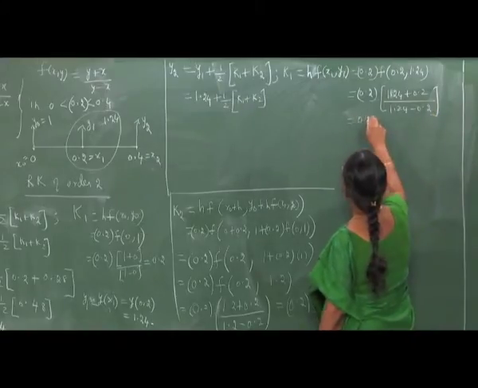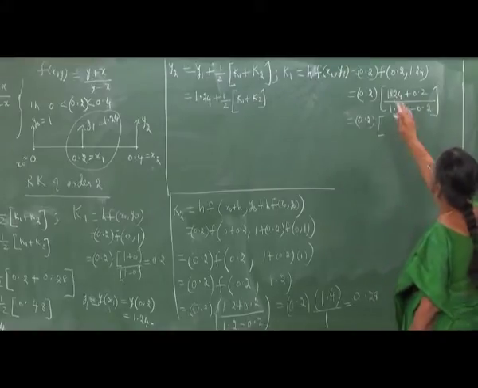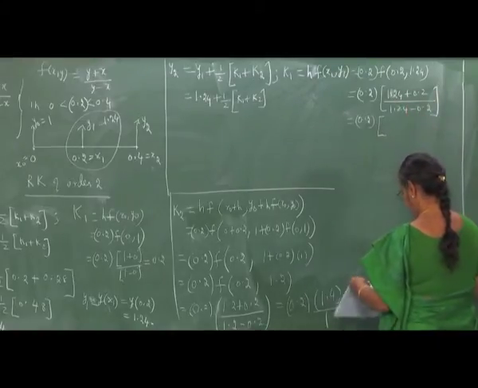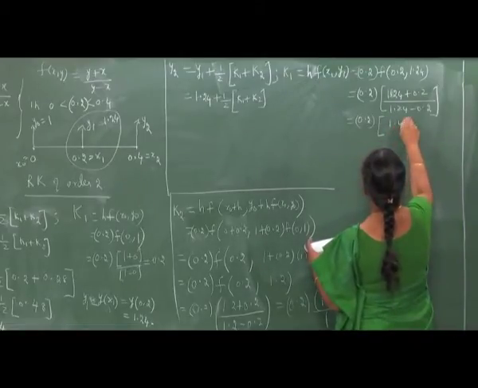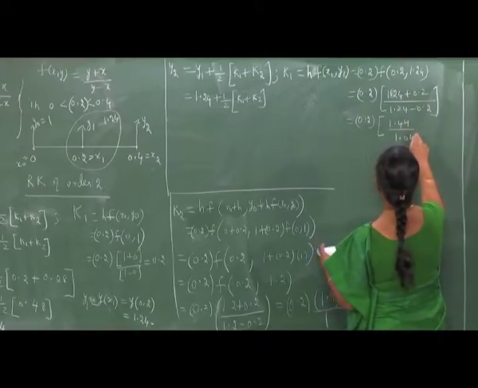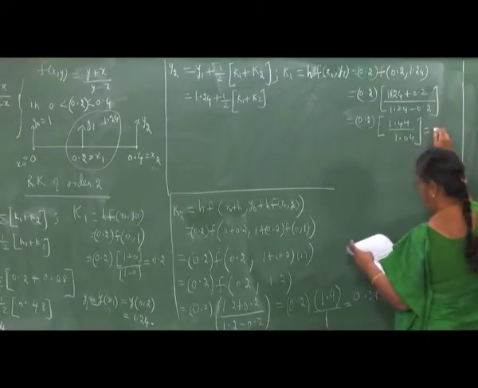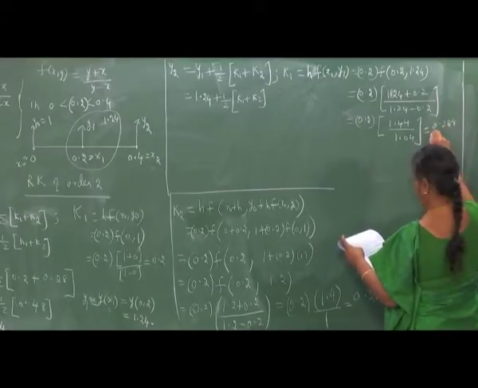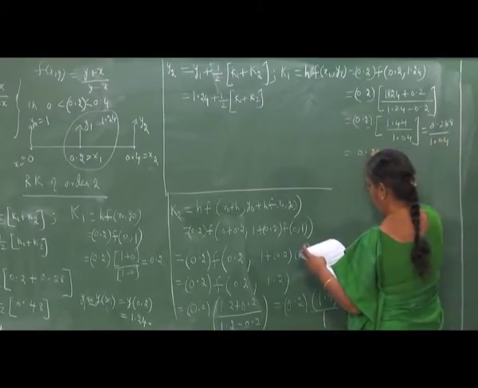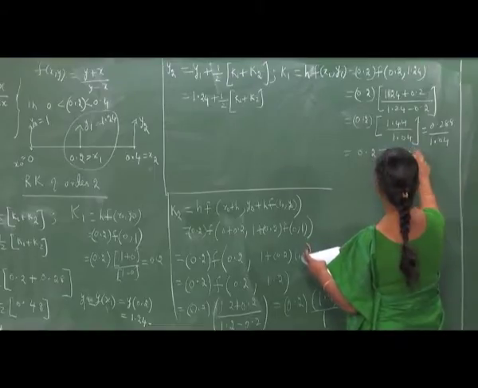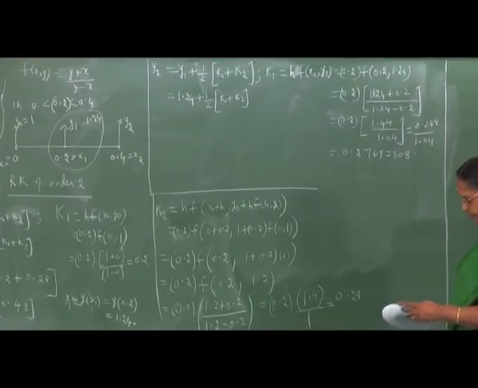So, we substitute for y and x appropriately and find out this result. So, this turns out to be 0.2 into 1.44 by 1.04, and that gives 0.288 divided by 1.04, and it is 0.27692308. So, K1 is computed.